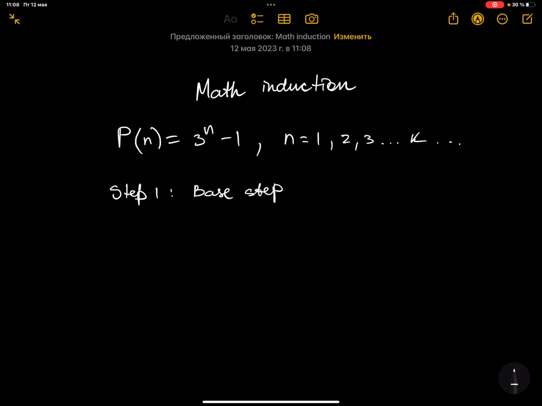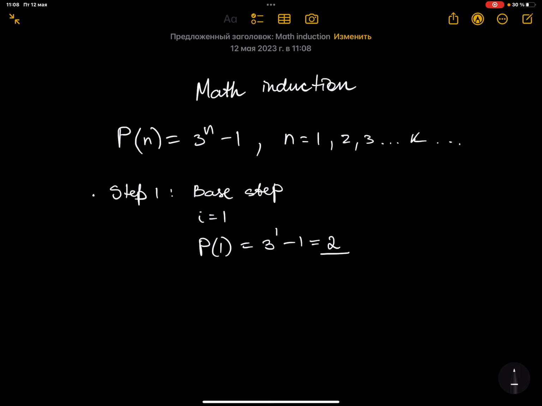Let's say that n equals 1. So we have to prove that P1, when we substitute 1 for n, is a multiple of 2. So 3 to the power of 1 minus 1 is 2, and of course this is a multiple of 2, right? Because it's 2. So yeah, this is step number 1.